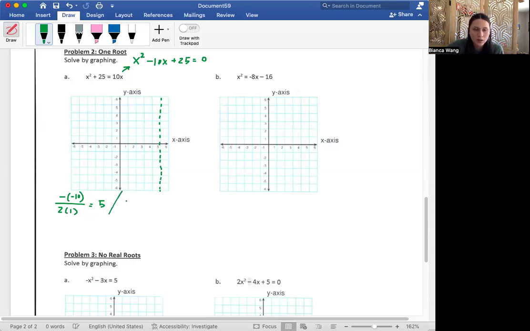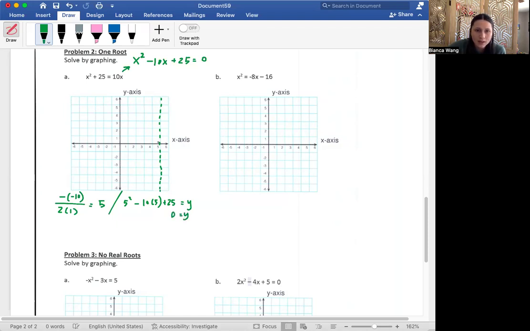So the vertex will be 5 squared plus, or actually minus, because I'm using the equation that I recreated, minus 10 times 5 plus 25. So 5 squared is 25. 25 minus 50 plus 25 is 0.